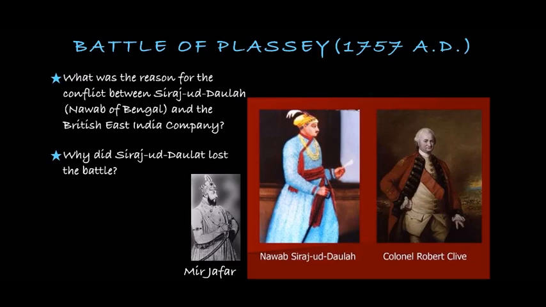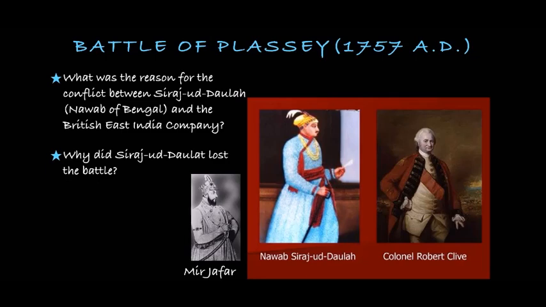Nawab Siraj-ud-Daulah and the British troops met at Plassey in 1757 AD. But under the leadership of Mir Jafar, the Nawab's army made no move to actually join the battle, and hence Siraj-ud-Daulah was defeated. In return for this, Mir Jafar became the Nawab of Bengal.